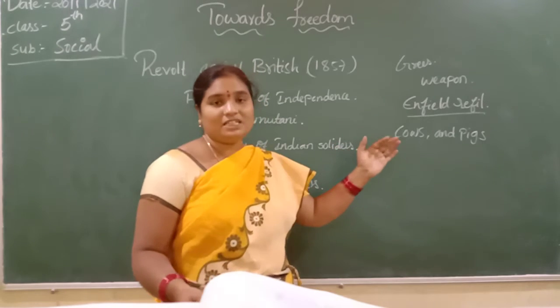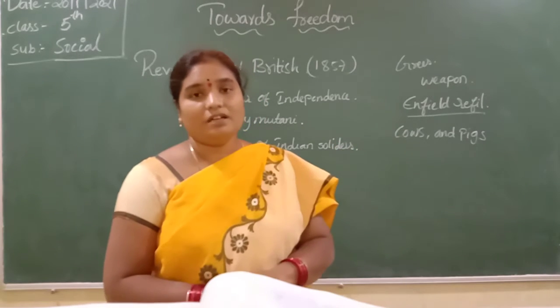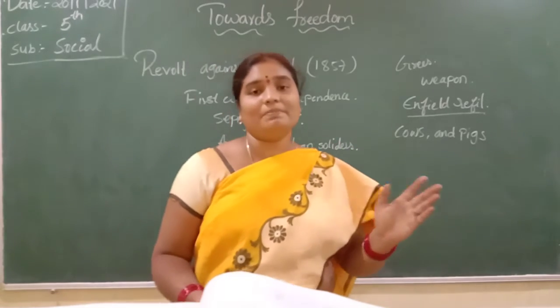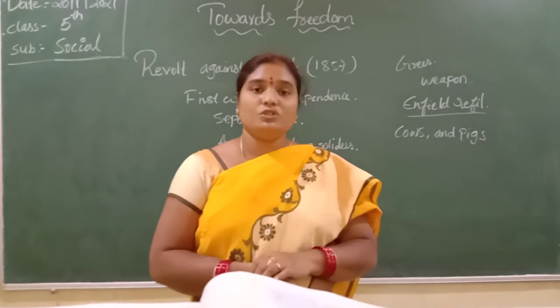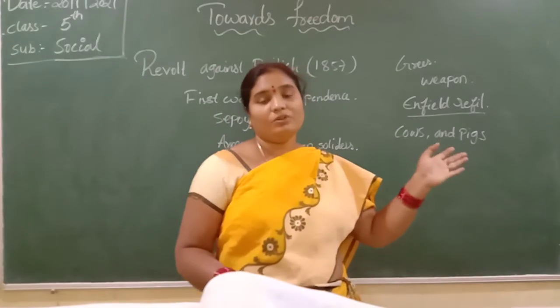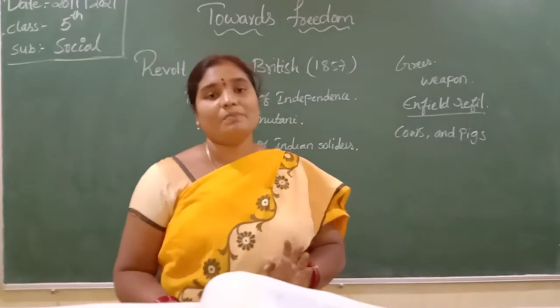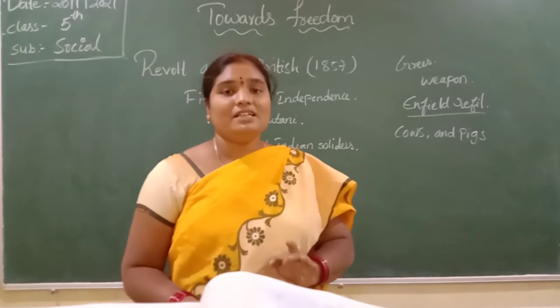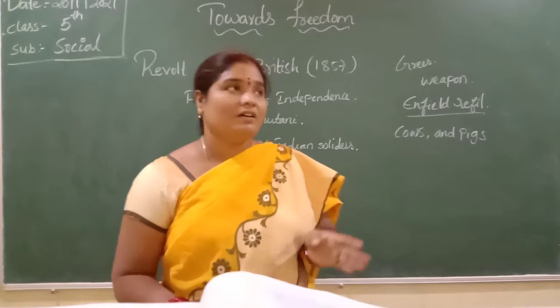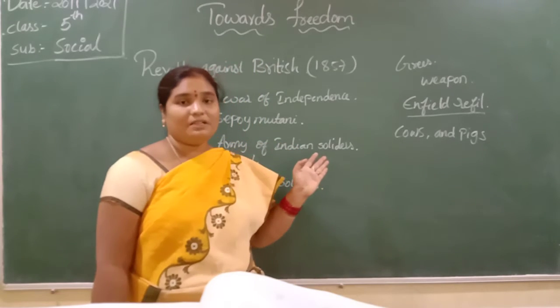This was a rumor spread by the British that the grease was made from cows and pigs. Both the Hindu and Muslim soldiers developed religious feelings and the unity in the revolt was disturbed.